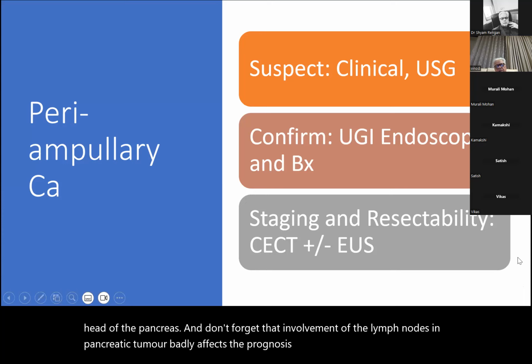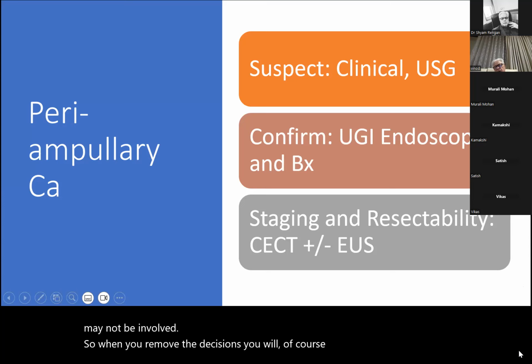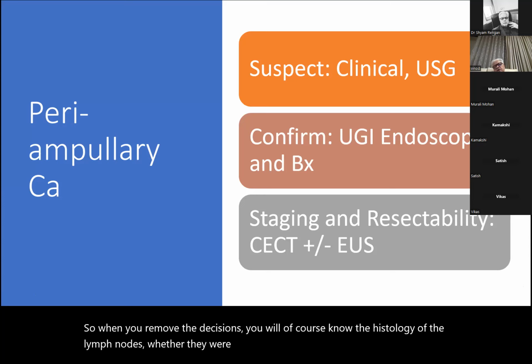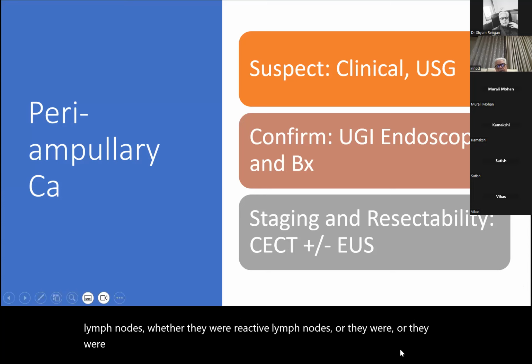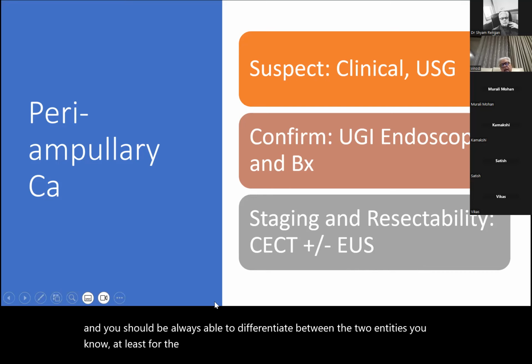But all palpable lymph nodes may not be involved lymph nodes. So when you remove the lesions, you will of course know the histology of the lymph nodes, whether they were reactive lymph nodes or they were involved lymph nodes. So that is what you would do for periampullary carcinoma, and you should always be able to differentiate between the two entities, at least for the discussion's sake, and accordingly plan for the further management.